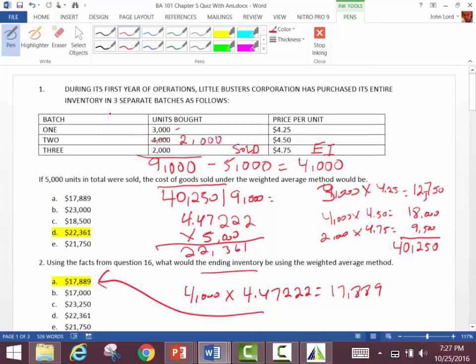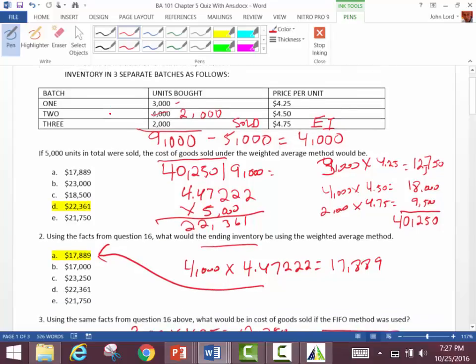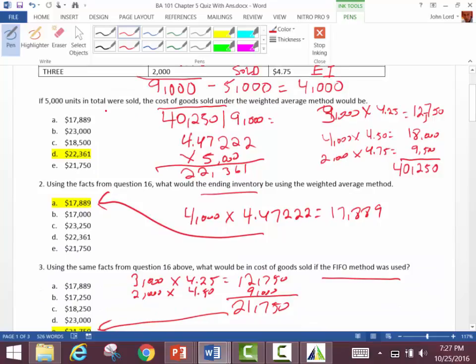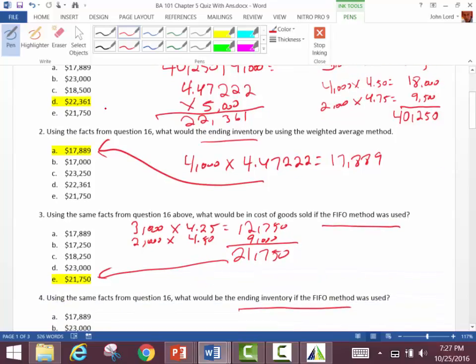Did I make a mistake up there? What did we do wrong? Did I do it wrong? 2,000, 5,000. 5,000 got sold, right? Was it 5,000 got sold? 2,000 left from batch 2?